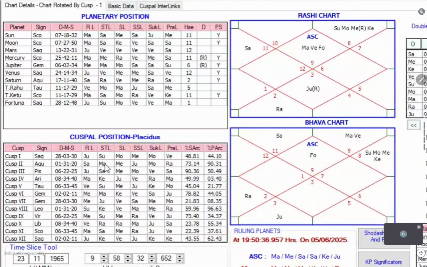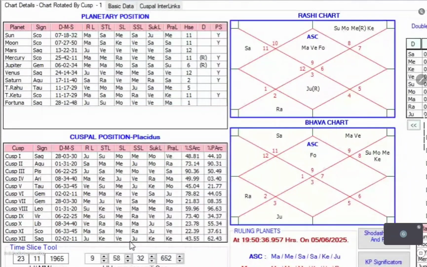So through Saturn, the progressed ascendant sign lord, we simply check what kind of events are likely to be there. Here we find that it is linked to the 8th and 12th cusp. So some kind of inauspicious event is likely to happen in the life of this native whenever suitable conditions are there.